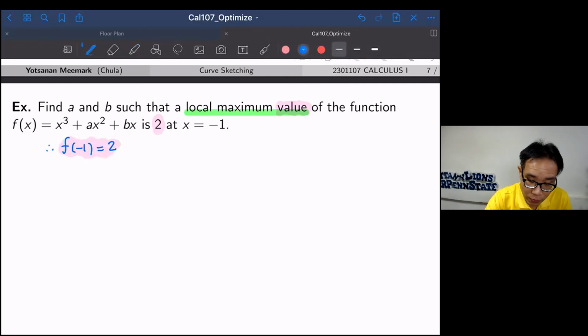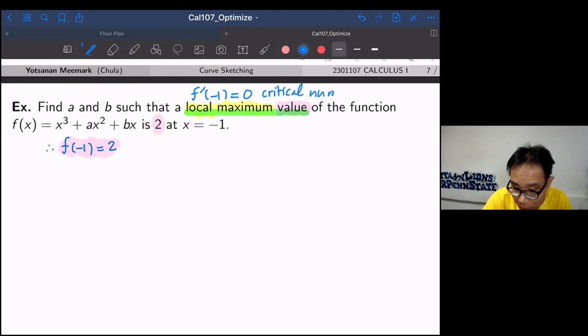However, the local maximum will give you the derivative. So f prime(-1) turned out to be 0. It's going to be a critical number.